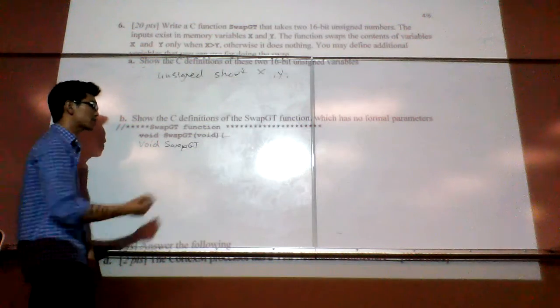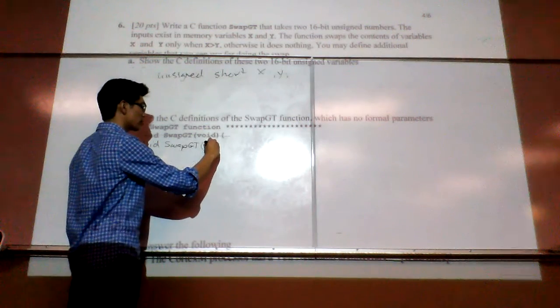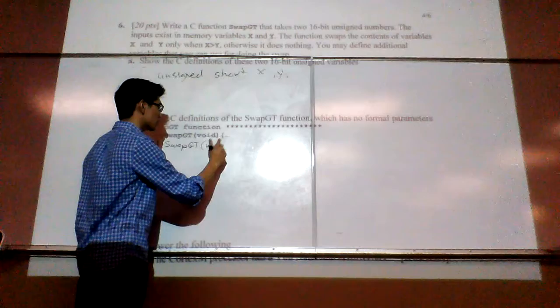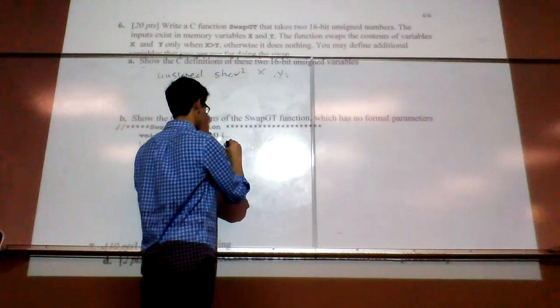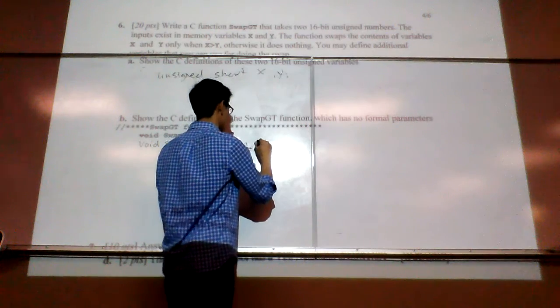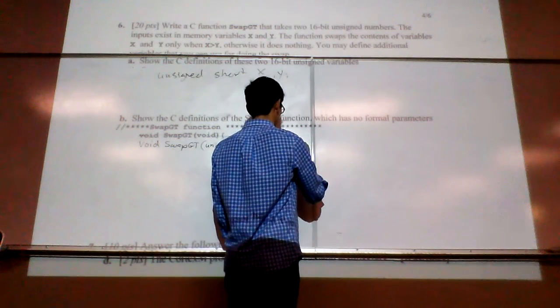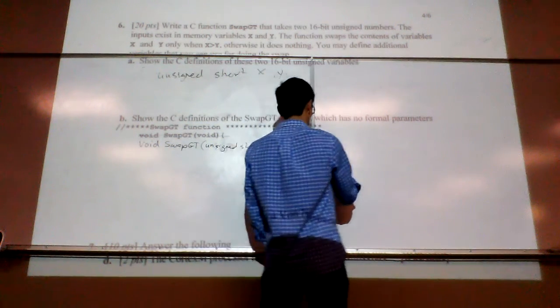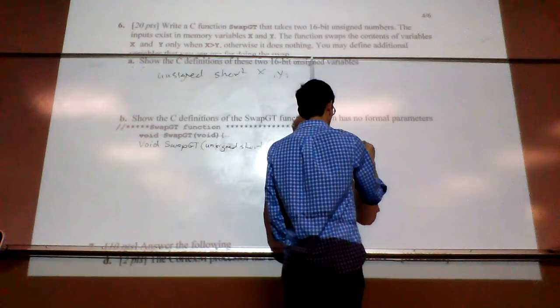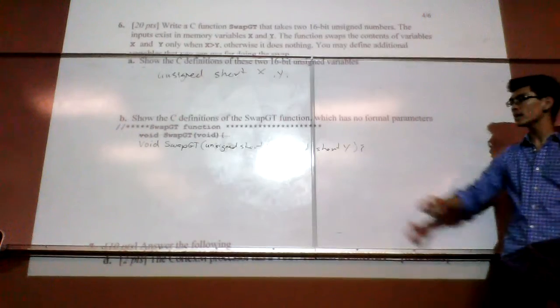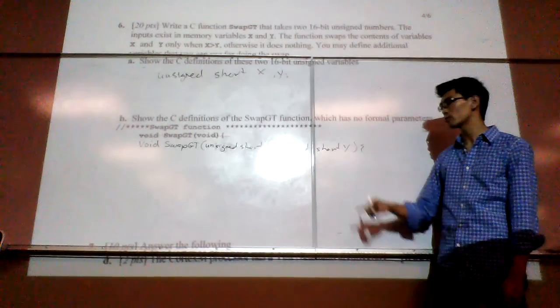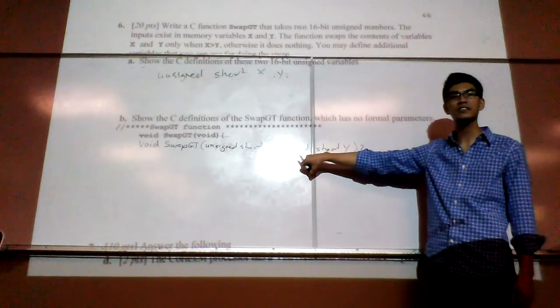You have to do swap GT, unsigned short x, unsigned short y. I wasn't really sure what he was asking on this question, but if he gave you something like this, the correct answer would probably be to cross that out and write this.